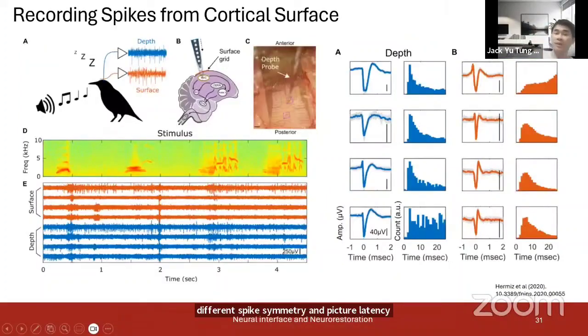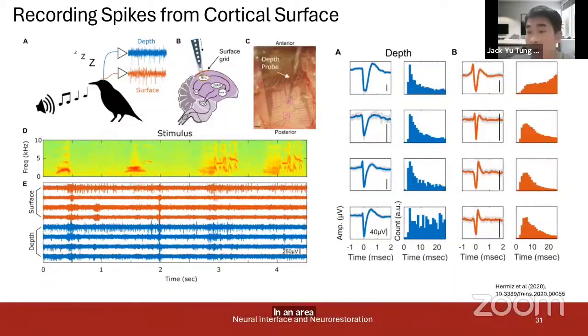So another example, done at UCSD by Hermiz and colleagues, performed simultaneous recording through an intracortical probe and micro-ECOG in songbirds in an area called HVC, in response to recorded audio of their own song. So the top spectrogram shows that of the actual bird song, and the signal traces in orange and blue are those recorded from the surface ECOG and the depth electrode respectively. And just by looking at the raw trace, we can already see clear evidence of spike activities in many channels of the surface ECOG.